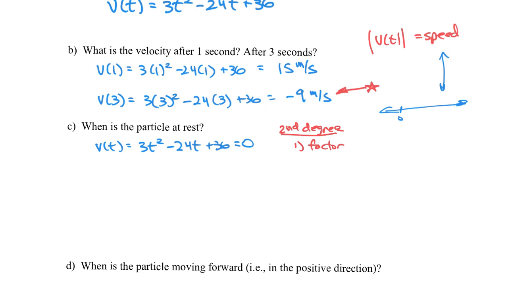By factoring, if we turn it into a binomial times a binomial equals 0, then we can use the zero product property, which basically says if this thing times this thing is 0, then it could be that this is 0 or this is 0, right? So with a second degree equation, sometimes you can factor. We can in this case, this one does factor, but sometimes you can't factor. It might be an irreducible quadratic, so we can't factor it. But we do have a go-to method that works 100% of the time, and that is the quadratic formula.